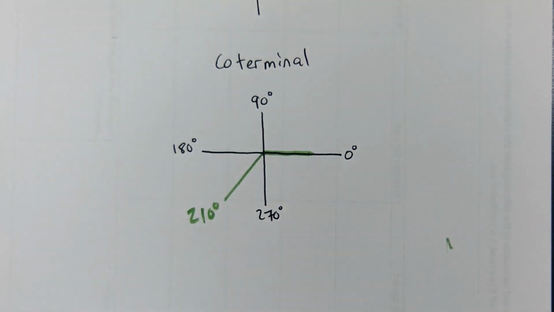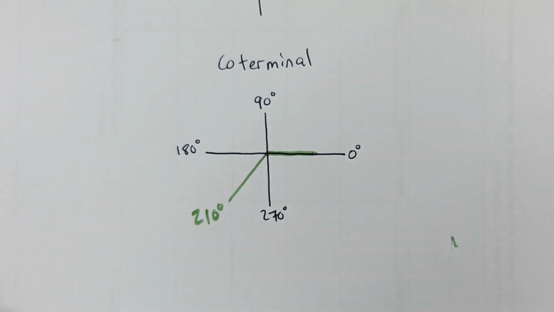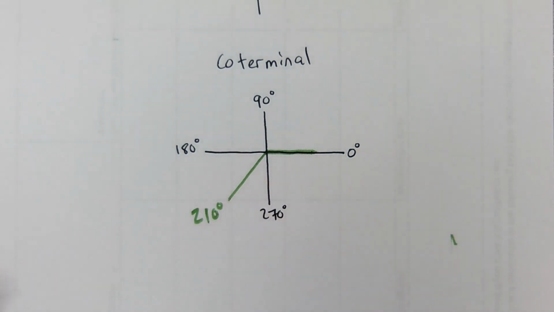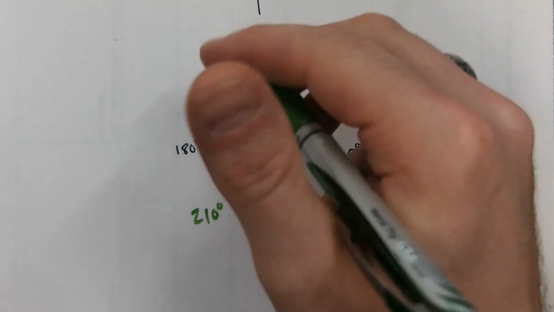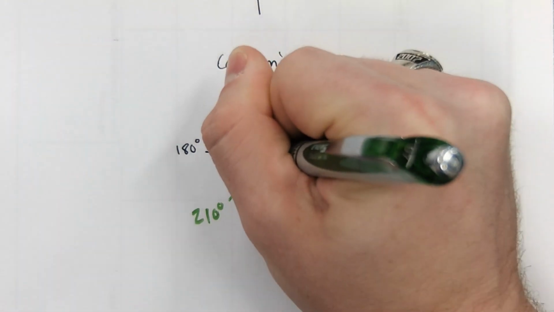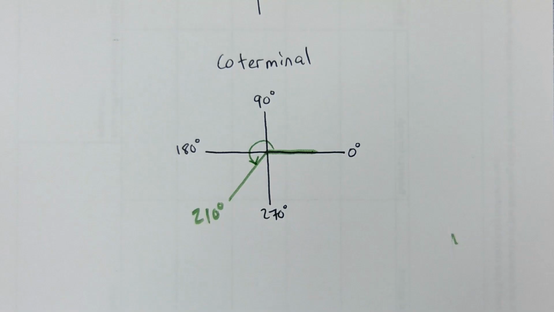There are an infinite number of positive angles that land here, an infinite number of negative angles that land here, and we need to be comfortable with finding those angles. So here is the original positive angle, 210 degrees.